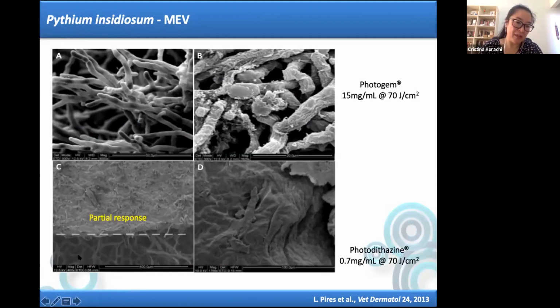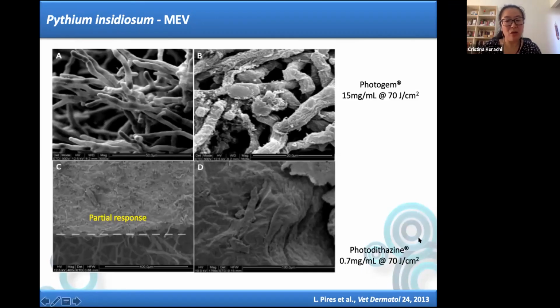One of the images here also shows the partial response, where we can have a very nice response on the surface of the biofilm. But as you can see here at the bottom, we have the hypha with cylindrical form and without damage. So that's why we can still have the growth rate, since in this case the PDT did not have a complete response.